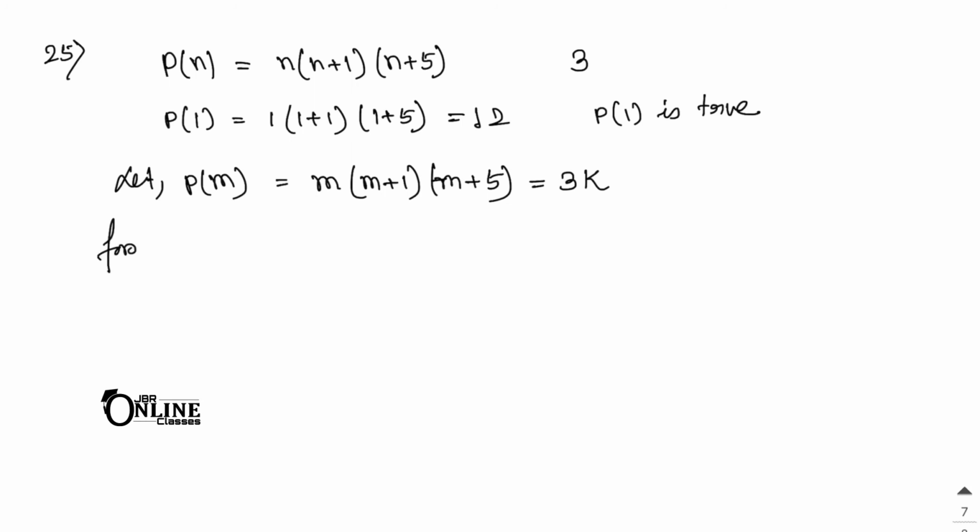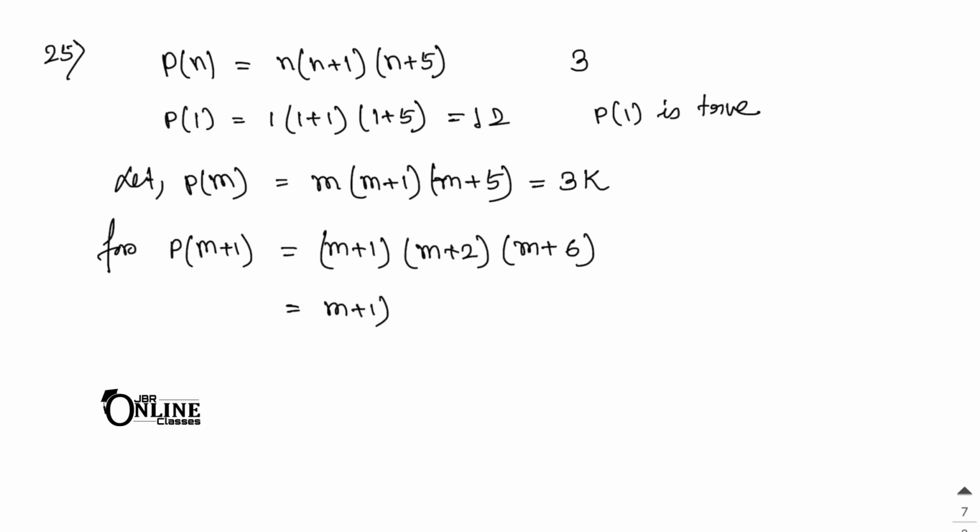Now for P(m+1), it will be m+1, then the next one will be m+2, and the next one will be m+6. How? Because in place of m, if you put m+1, it becomes m+1+1, which is m+2, and m+1+5 becomes m+6. So we have (m+1)(m+2)(m+6).